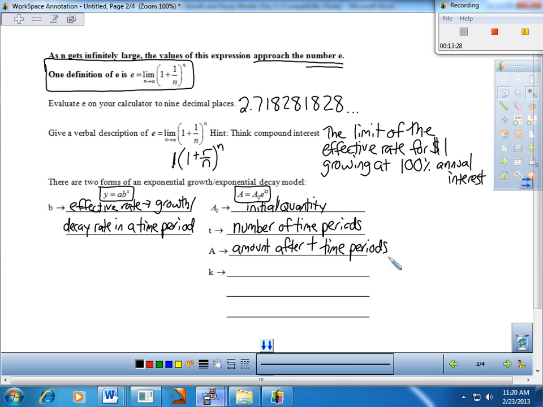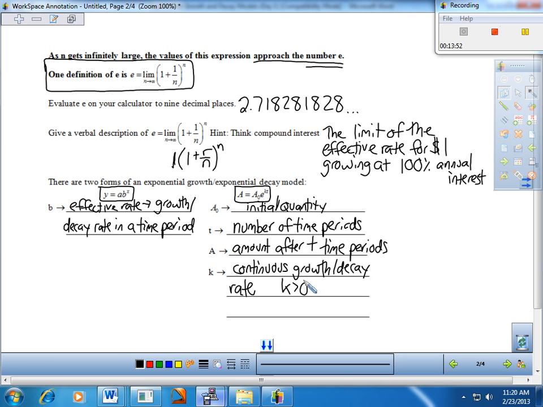Nice. And then k is an interesting little thing. As a measurement, sometimes it's called the continuous growth or decay rate. Again, I won't hold you too accountable for this, so don't worry too much about this piece. Just using the algebra behind it is fine by me. So typically it's called the continuous growth or decay rate. And here's the idea, I guess, just real quick, and then we'll go back to the idea of compound interest.